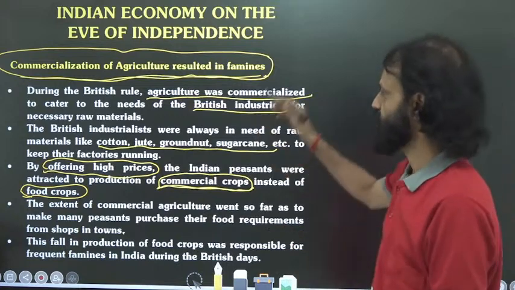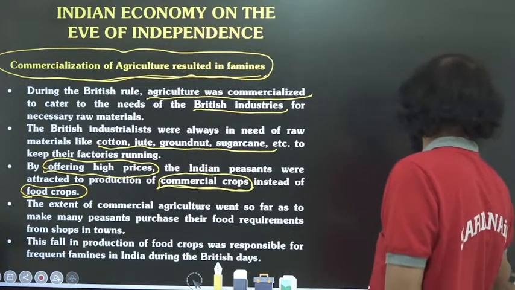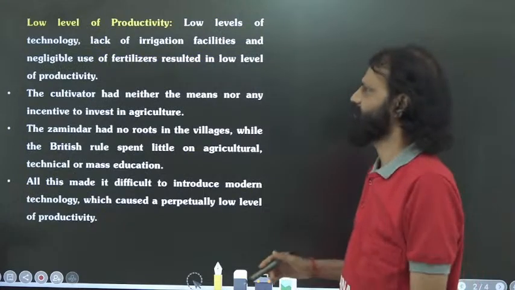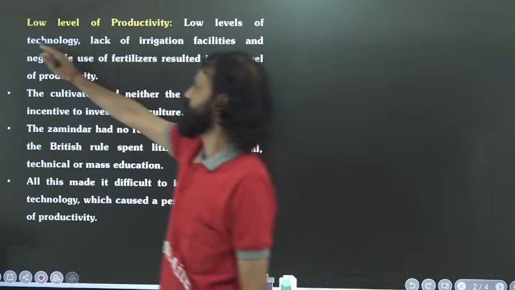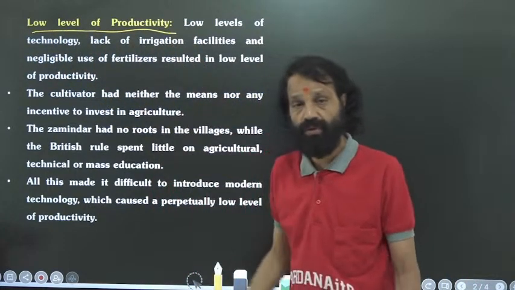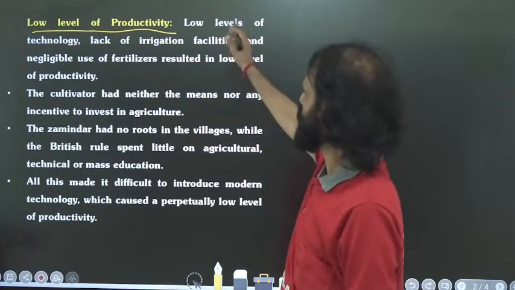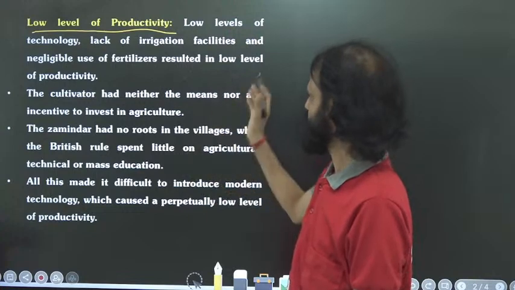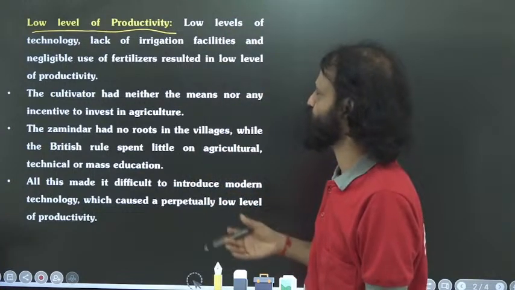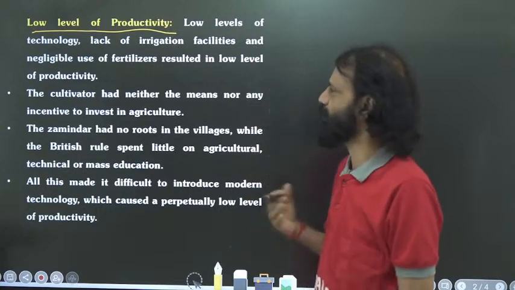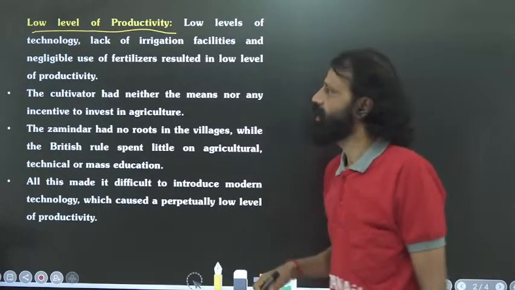Okay, we can now go on to the next point, low level of productivity. So now we are going to discuss the low level of productivity. What is low level of productivity? Low levels of technology, lack of irrigation facilities and negligible use of fertilizers resulted in low level of productivity. What happened?